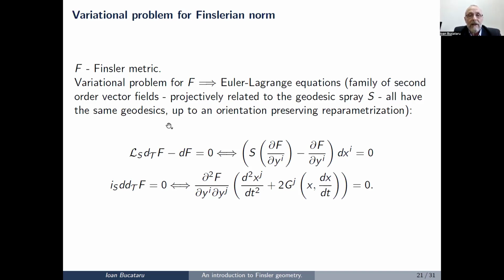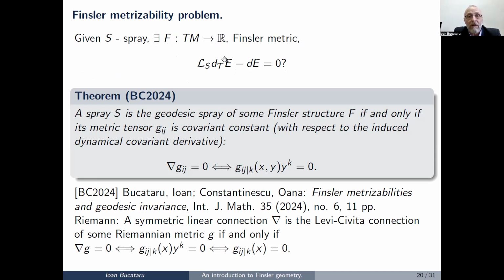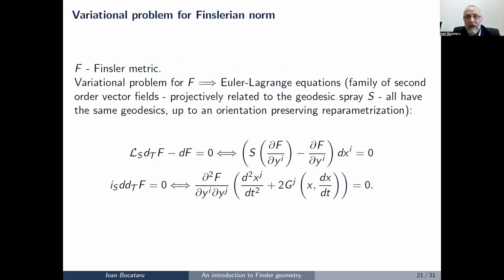Okay, so this was somehow the inverse problem for the variational problem of the energy. What about the variational problem for the Finslerian norm? If we perform the variational problem for the Finslerian norm, we obtain again the Euler-Lagrange equation for the Finslerian norm.